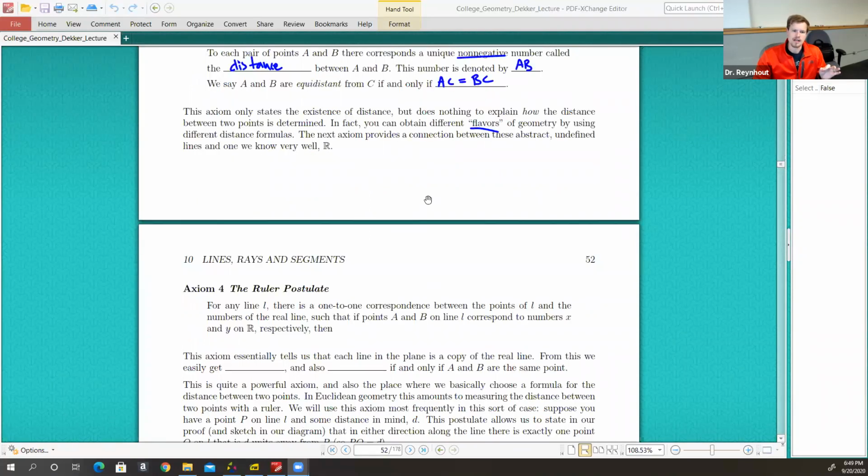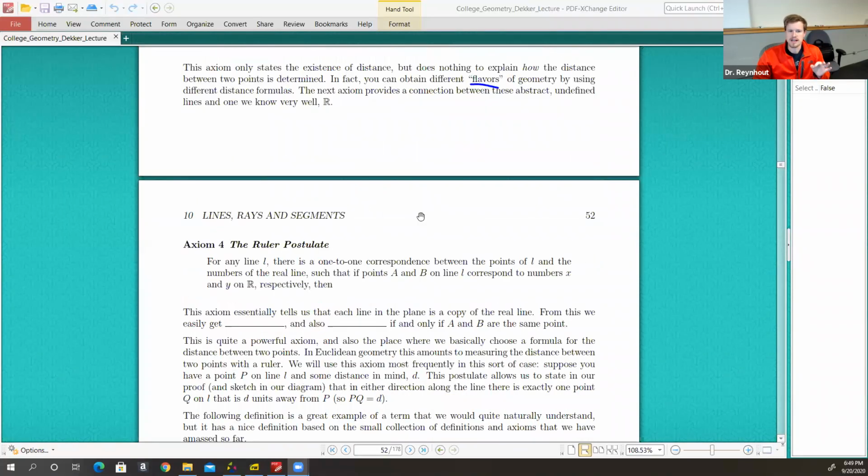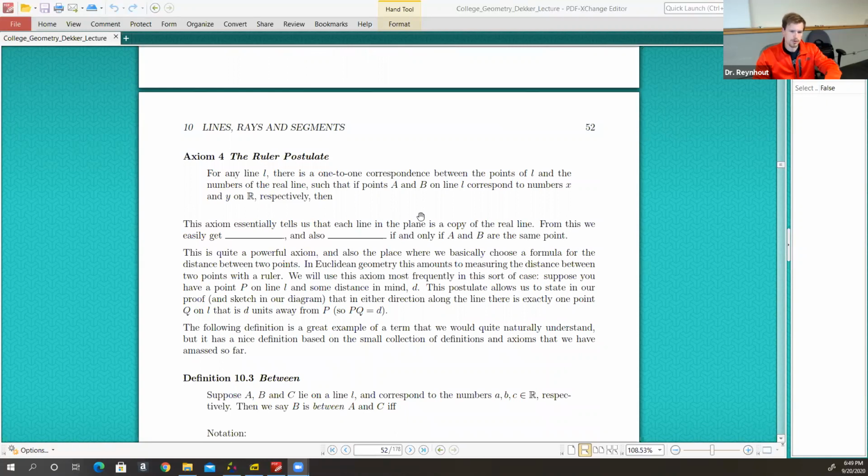We can look at that more specifically here in Axiom 4, the ruler postulate. So let's consider the ruler postulate.